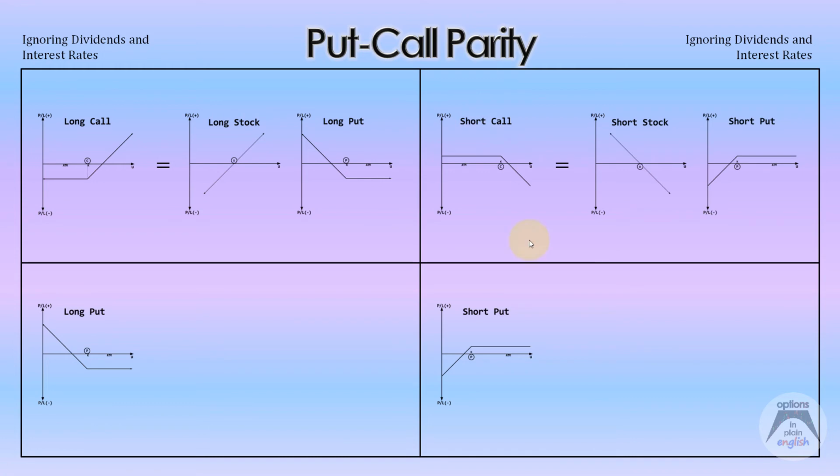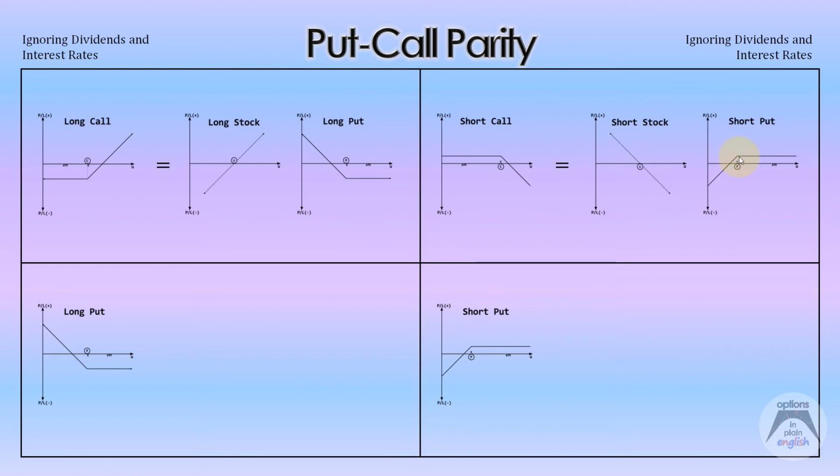Now, if we want to talk about a short call, I want to replicate the behavior and the P&L risk profile of a short call. I just get the short stock and a short put, and it's going to be the same as a short call. Because if you think about it, putting these two together, at the strike price, you have short stock, okay?